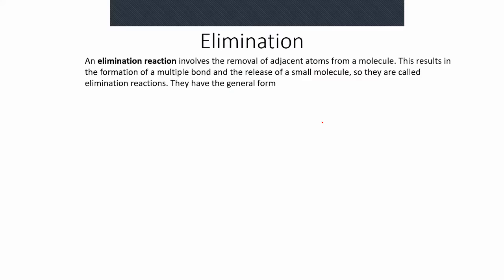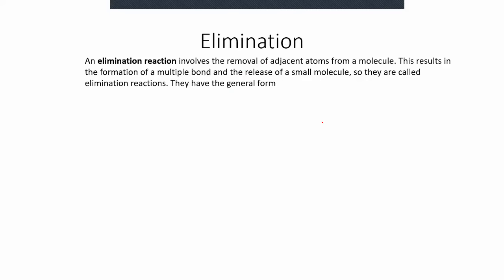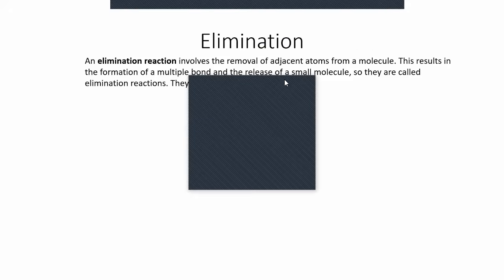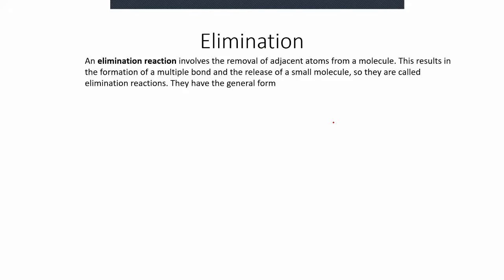It says adjacent atoms, that's plural. You're not taking out one thing, no. You're taking out at least two things. You're removing adjacent atoms from a molecule. This removal results in the formation of multiple bonds, usually a double bond, and the release of a small molecule. So that's why they are called elimination reactions.